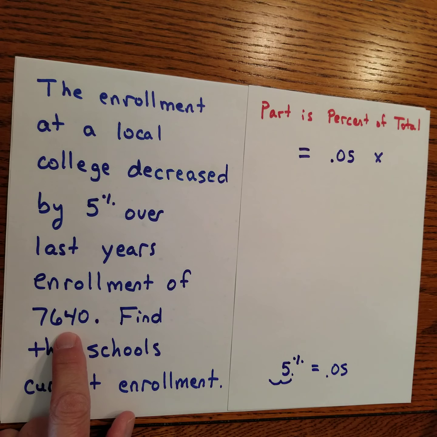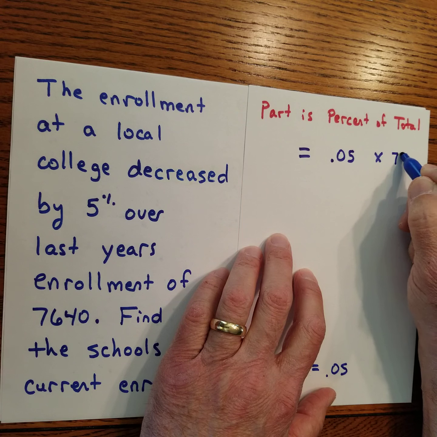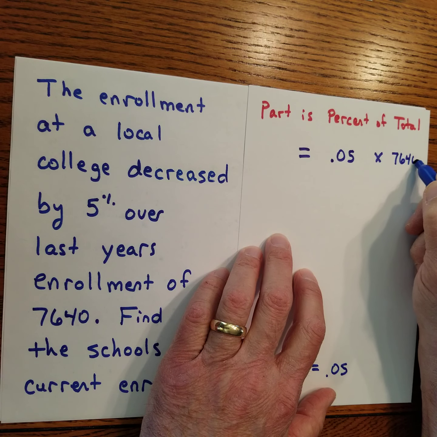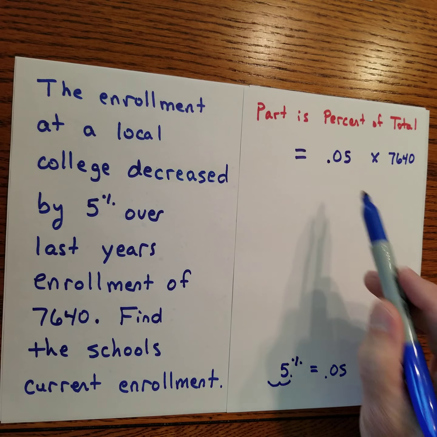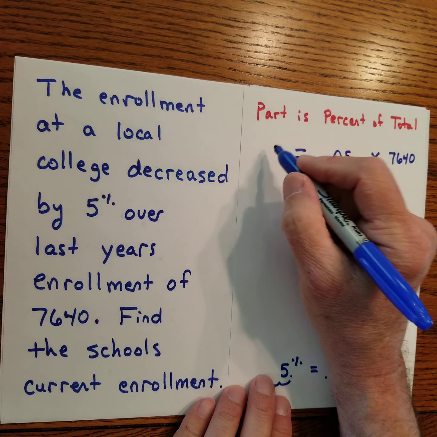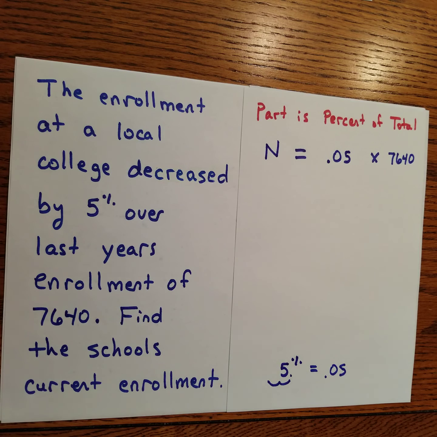Last year's enrollment was 7,640. That's how many students were in the school last year. When I do this multiplication, what I'll be finding is the amount of the decrease.